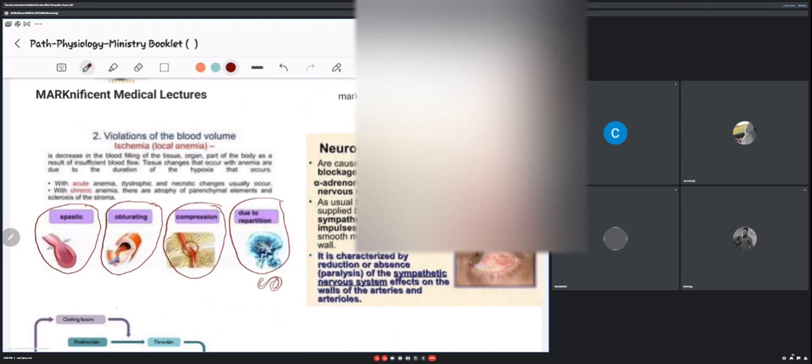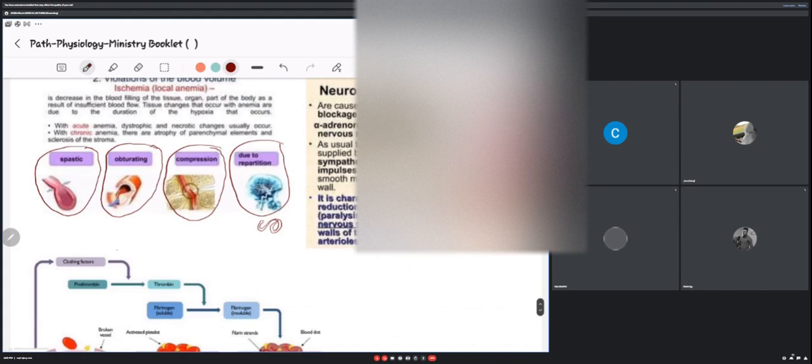Then we are trying to differentiate what we call neuroparalytic. There's what we call arterial hyperemia, first of all. Arterial hyperemia is just an increase in temperature in the arteries. It could be due to any reason, but we have either neuroparalytic or neurotonic.